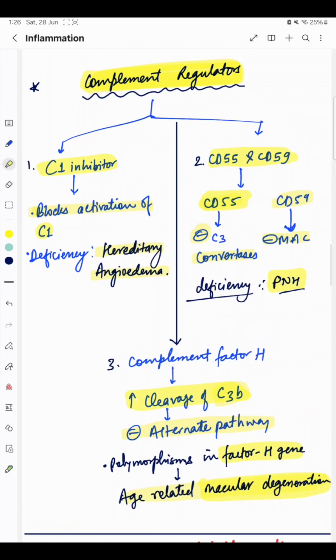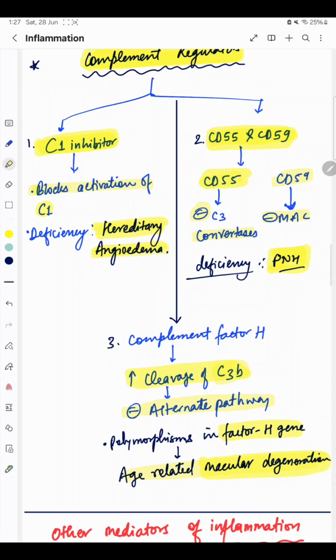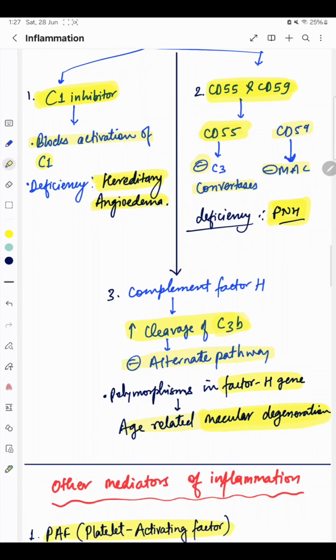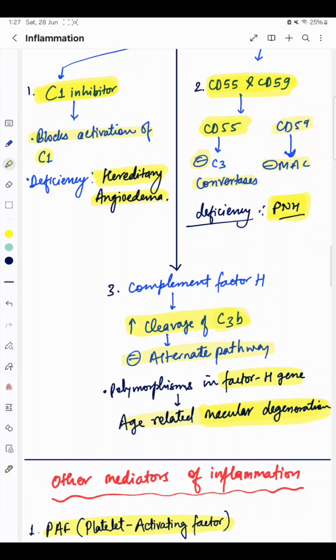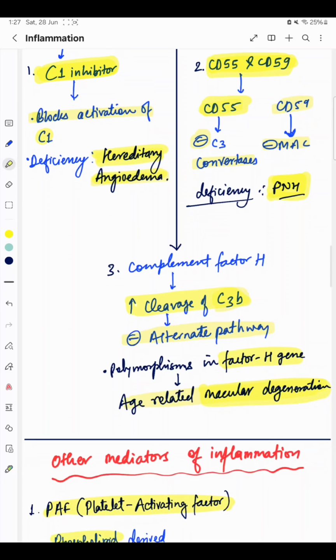First is C1 inhibitor. Deficiency of C1 inhibitor will result in hereditary angioedema. Other is CD55 and CD59. Deficiency of these will result in PNH. And third is complement factor H. Mutation or polymorphism in factor H gene will result in age-related macular degeneration.